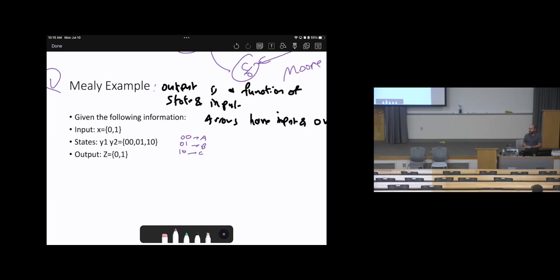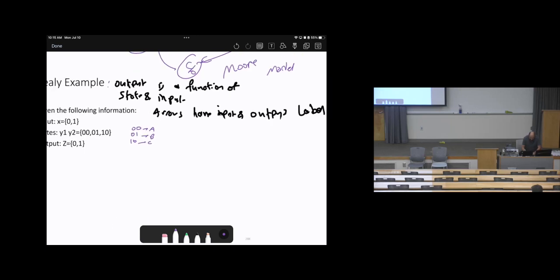Just give each a nickname, or you can keep it like 00, 01, 10. It's up to you. Here, I'm going to assume them as A, B, C. So let's assume this state diagram is given in the question or in this example.